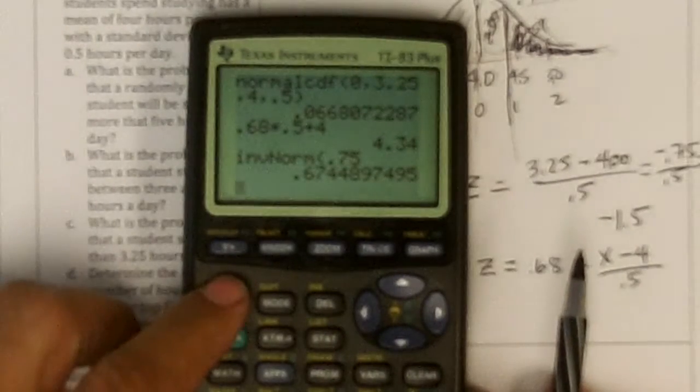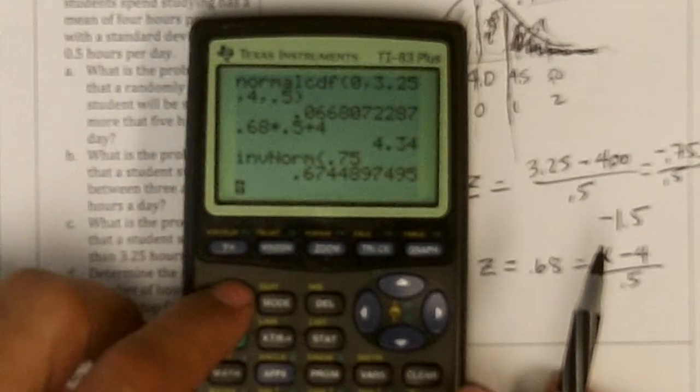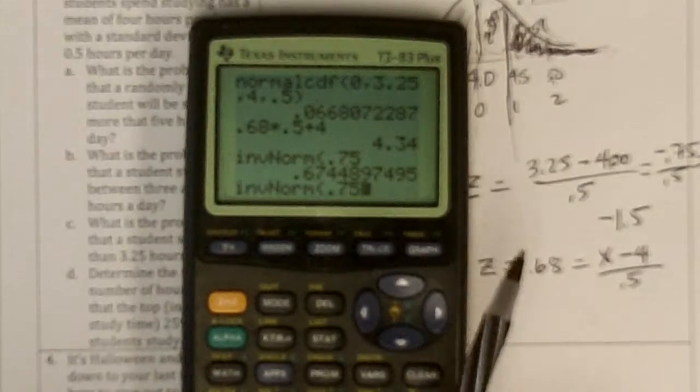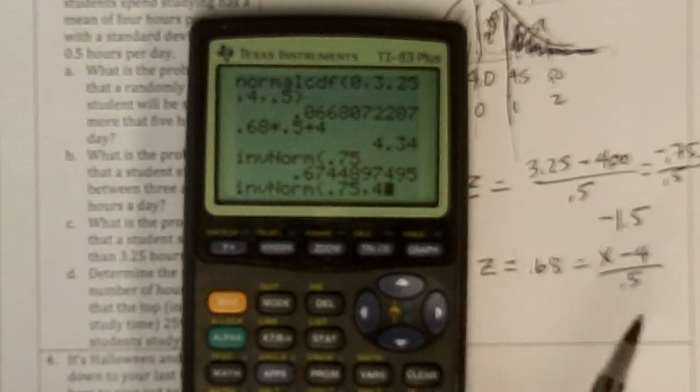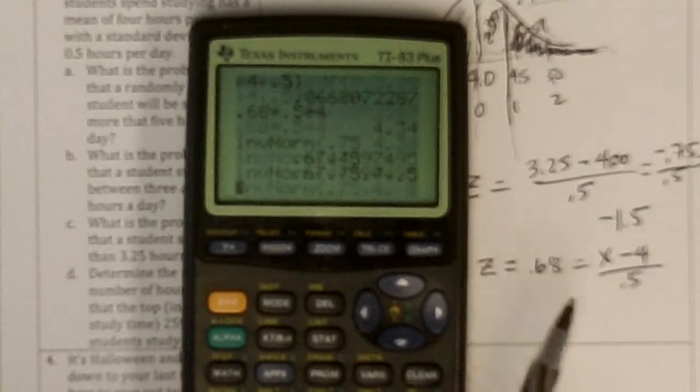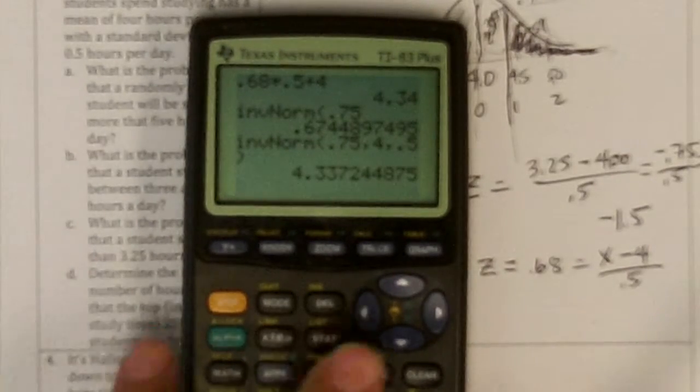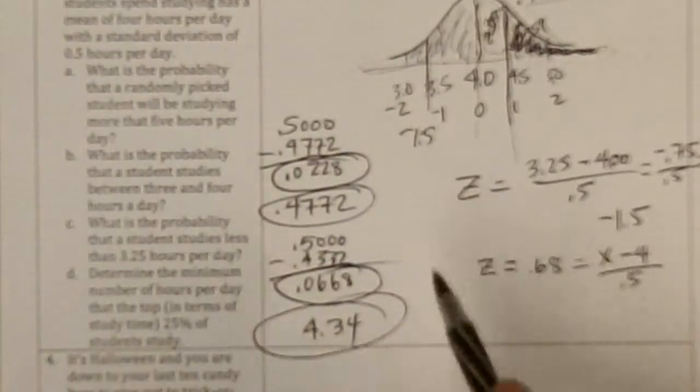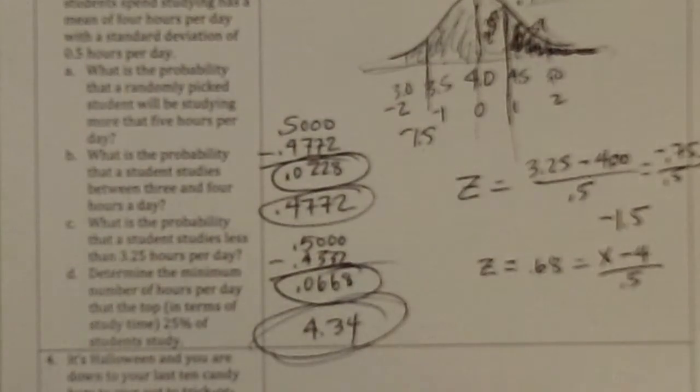But if I want to get the raw score directly, I can do the same thing, but put in the mean 4, comma, and the standard deviation, and it'll tell me 4.34. All right, I'll do 4 in just a sec.